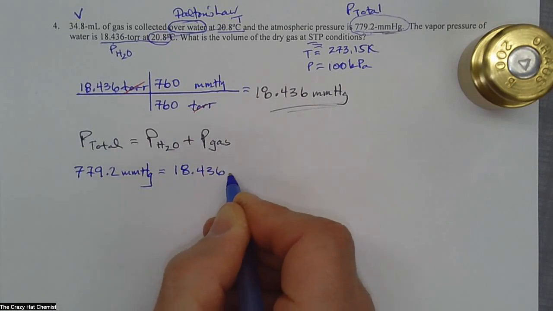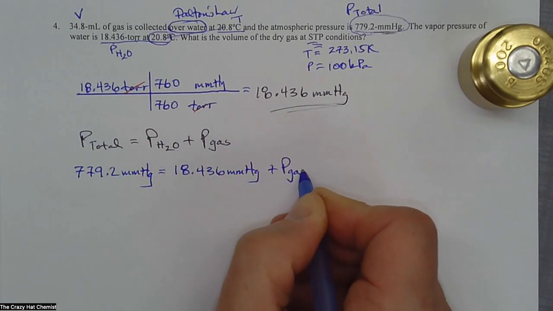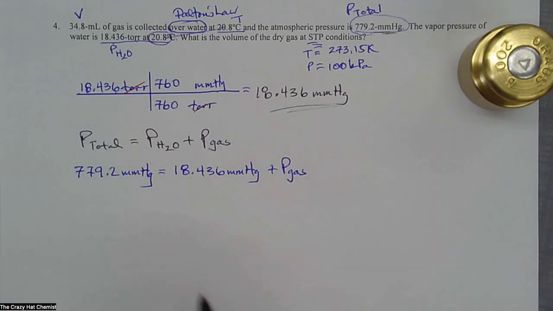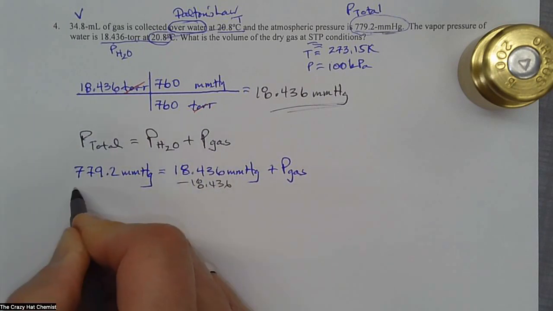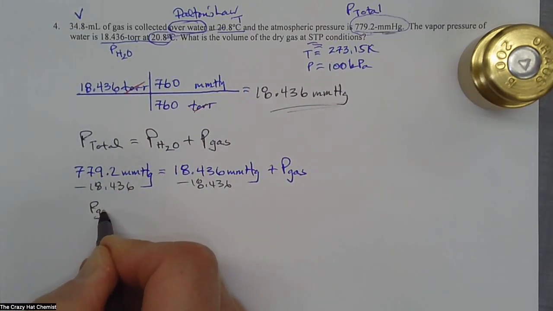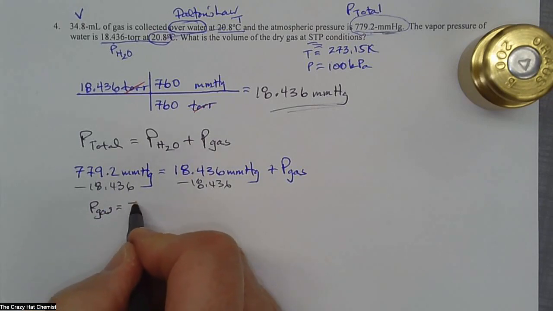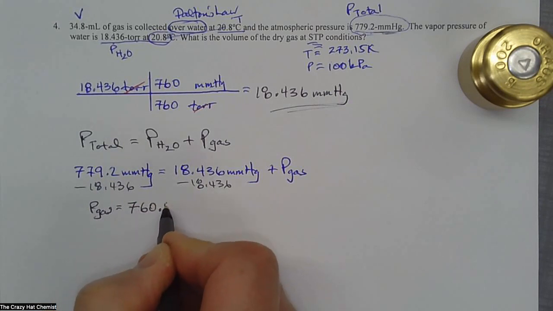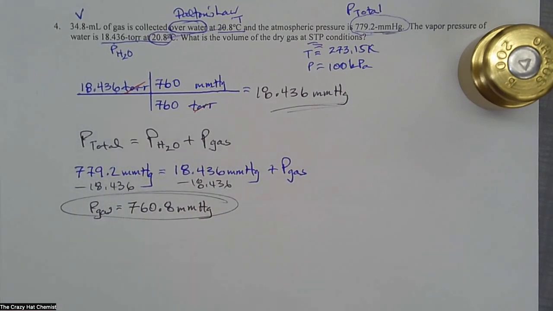So that's 18.436 millimeters of mercury plus the partial pressure of gas. Simple math problem: we subtract 18.436 from both sides, and the partial pressure of the gas is now going to equal 760.8 millimeters of mercury. That's the partial pressure of the gas when the gas was collected over water.